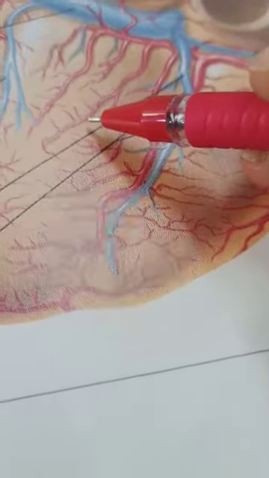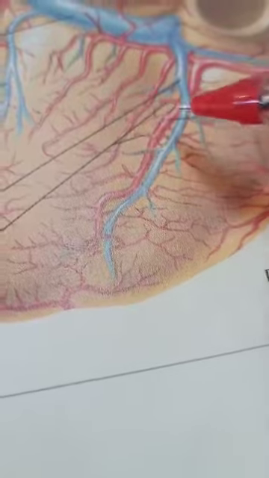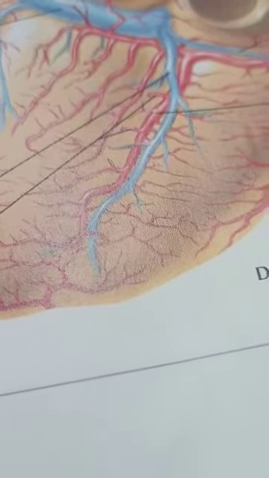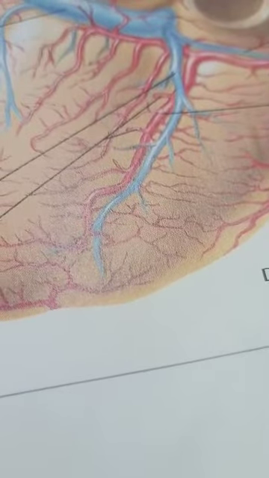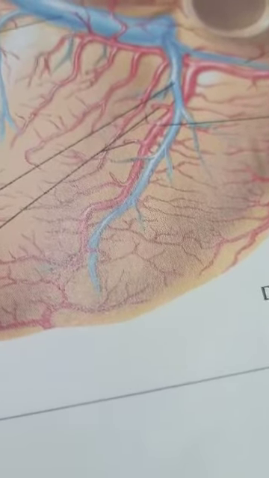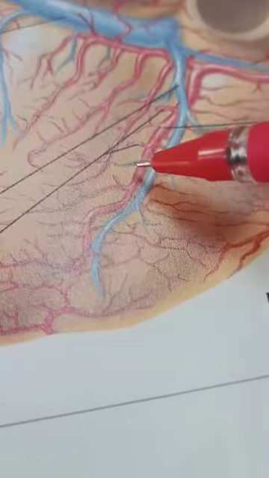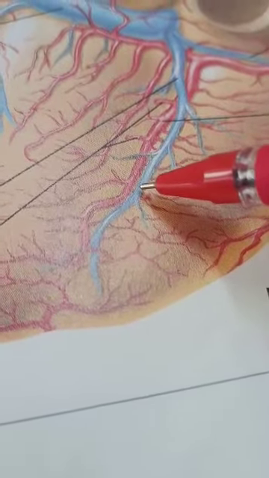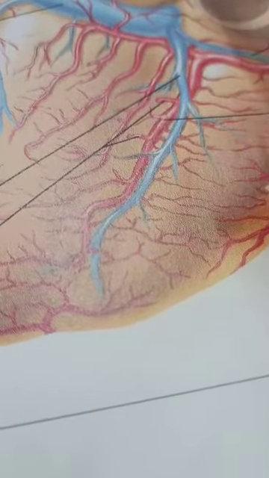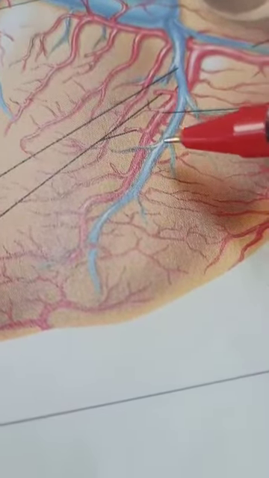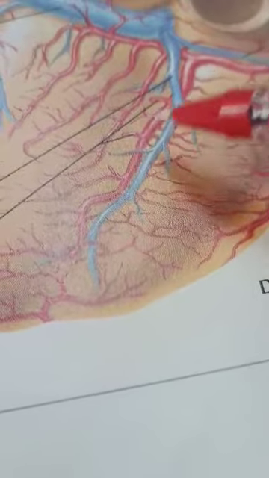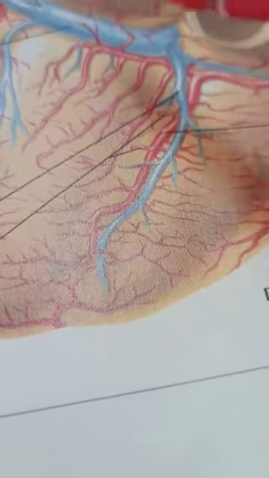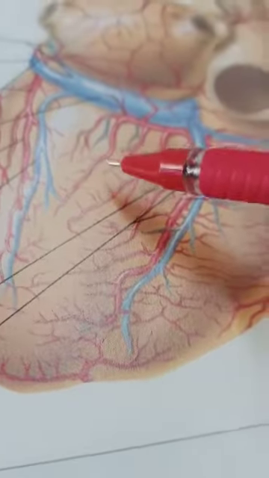So cardiac dominance depends upon which artery gives rise to the posterior interventricular branch. If it arises from the right coronary artery, it is right dominant. If it arises from the left coronary artery, it is left dominance.